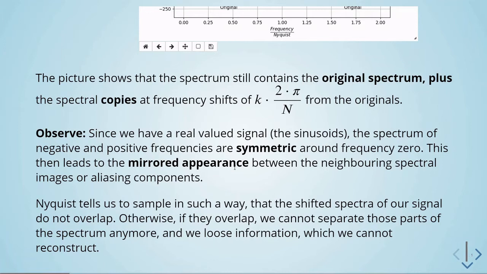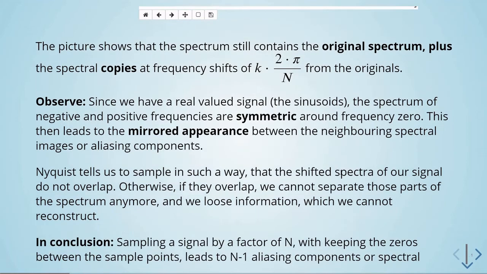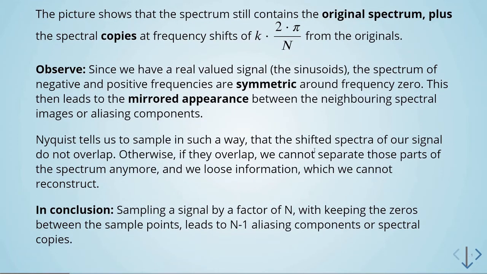If they overlap, we cannot separate those parts of the spectrum anymore, we lose information, and it's not possible to reconstruct. So the conclusion is that downsampling a signal by a factor of N, keeping the zeros between the sample points, leads to N-1 aliasing components or spectral copies.